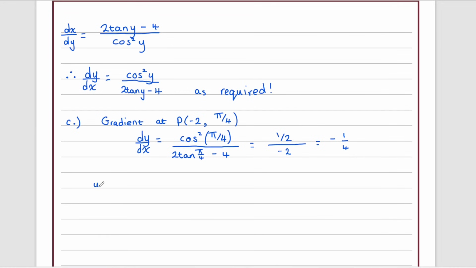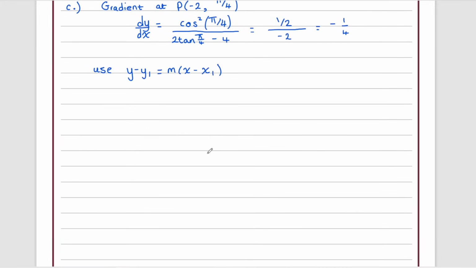Now we're just going to use y minus y1 is equal to m, the gradient, times x minus x1. Don't forget x1 here is minus 2 and y1 is pi over 4. So we get y minus pi over 4 is equal to m, which in this case is minus 1 over 4.